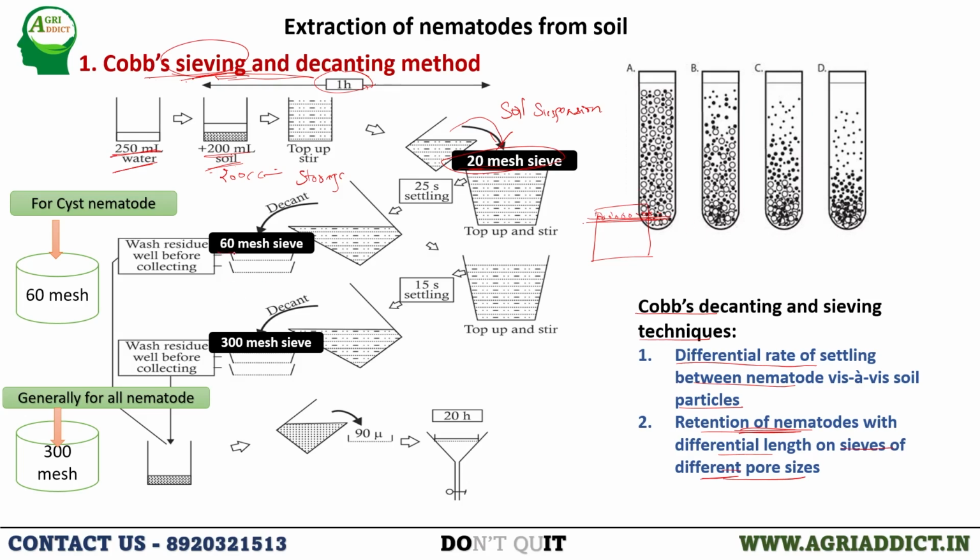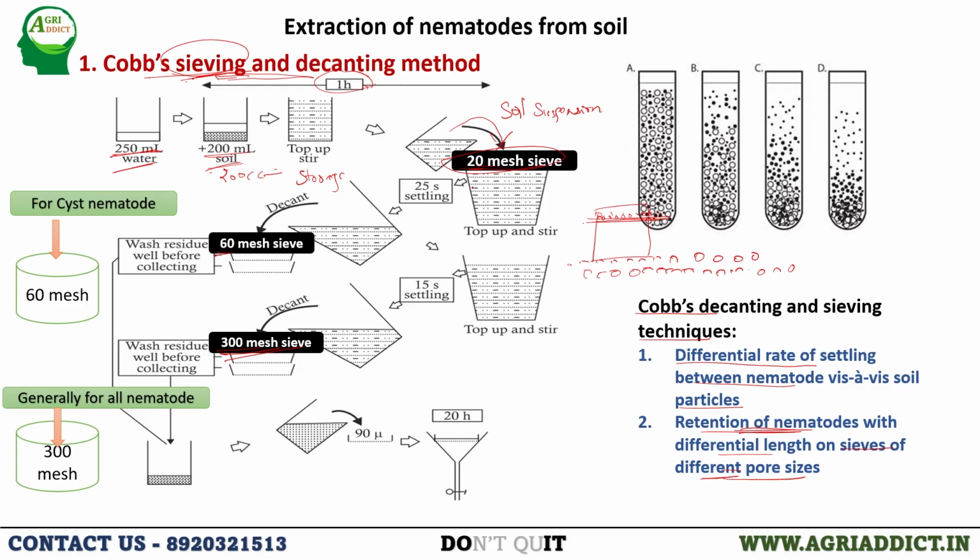In the case of 60 mesh, there are around 60 openings per linear inch. And in the case of a 300 mesh sieve, around 300 openings are present per linear inch. So as we go from the 20 mesh sieve to the 300 mesh sieve, the size of the pore goes on decreasing.